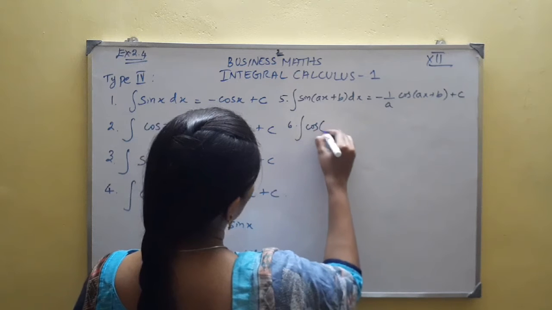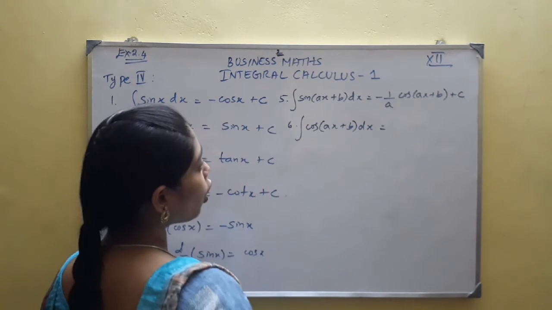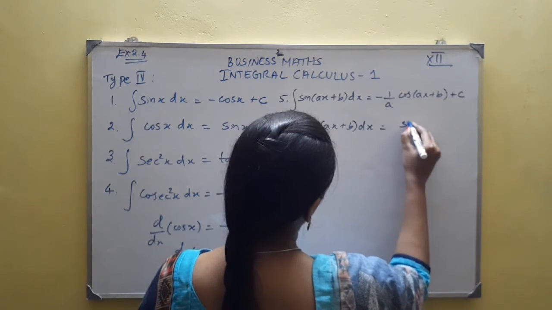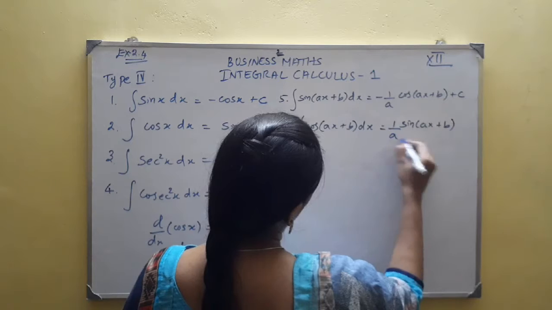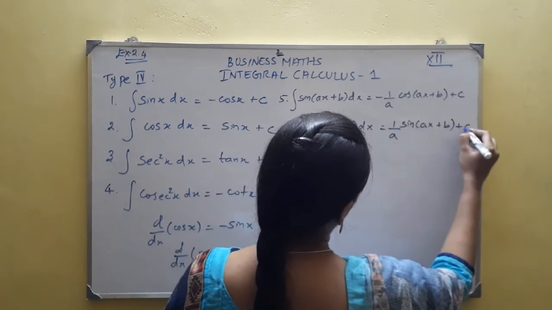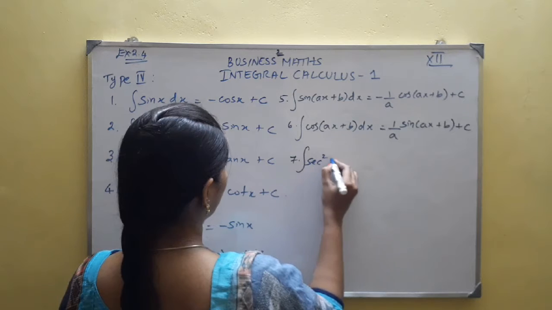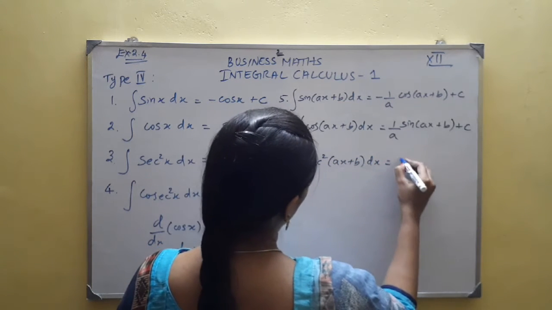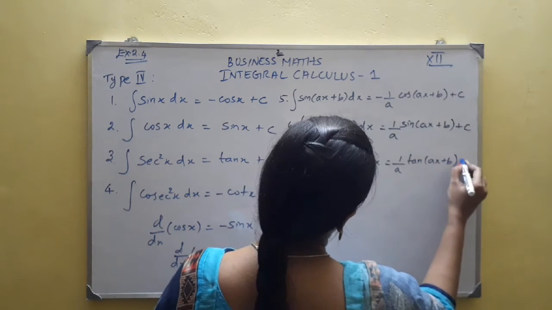Integration of cos(ax plus b) dx. Integral cos x gives you sin x. So this is actually sin(ax plus b), and write that coefficient of x, 1 by a. Integral secant square(ax plus b) dx is actually 1 by a tan(ax plus b) plus c.